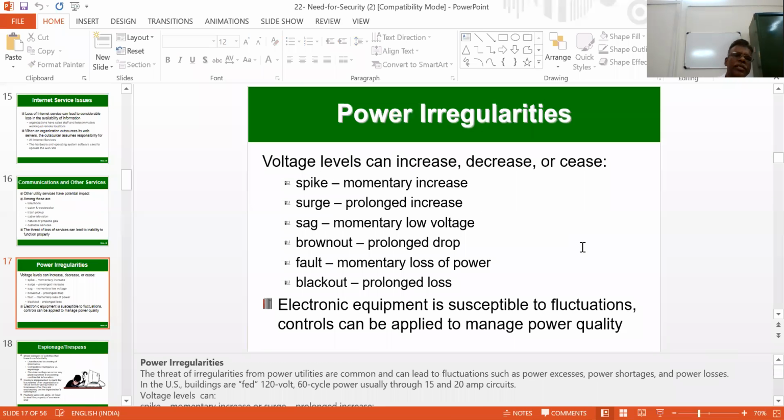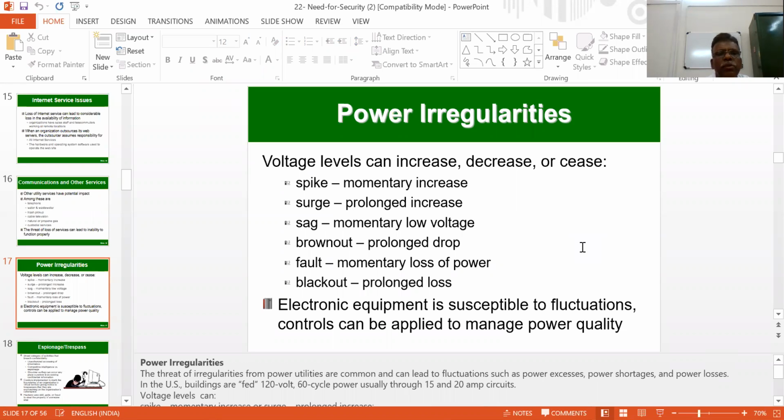And power irregularities. See, once we are making use of online services, we should have a backup. Even if the MESCOM supply is not in a position to give a backup, we should have our own UPS.